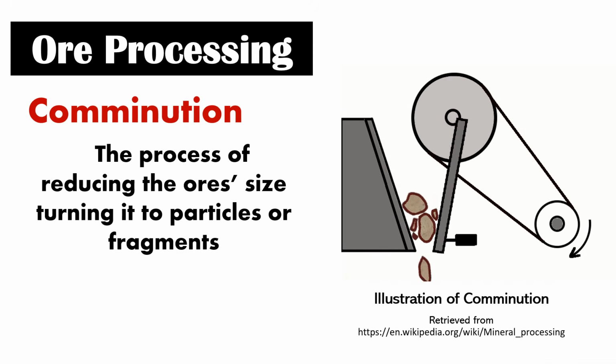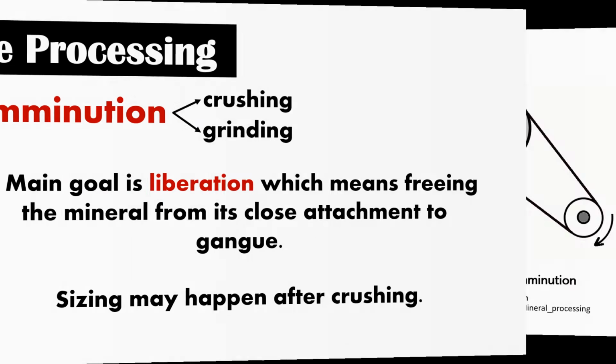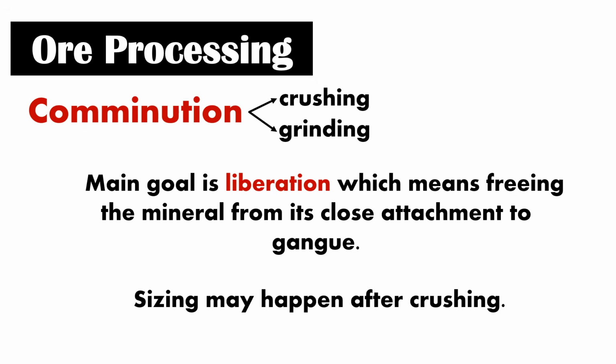The first step of ore processing is comminution. So this is the process of reducing the ore size, turning it into particles or fragments. Comminution involves the process of crushing and grinding. Crushing will result to bigger fragments, around 6 to 14 mesh, which is equivalent to a fraction of an inch.